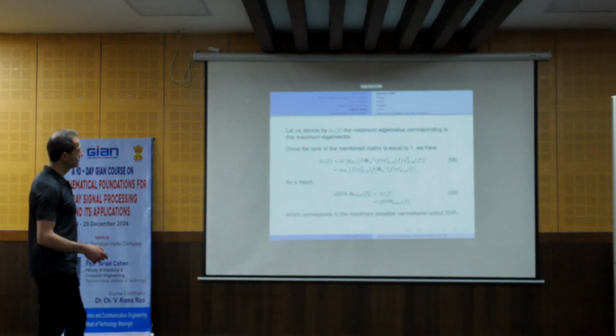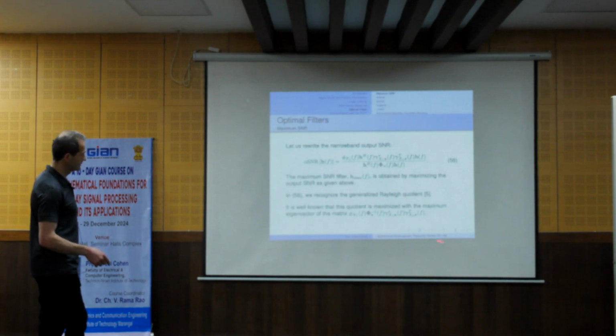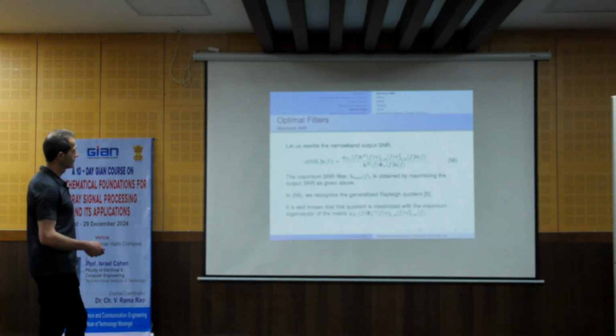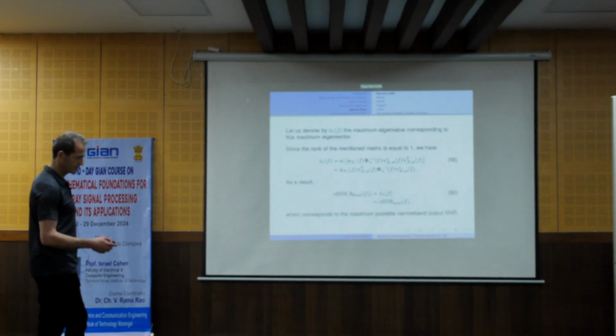So actually we can write it: if we take the largest eigenvalue of this matrix, we denote it by lambda 1. We call it lambda 1(f). Of course, everything is a function of f because we work for each frequency independently.